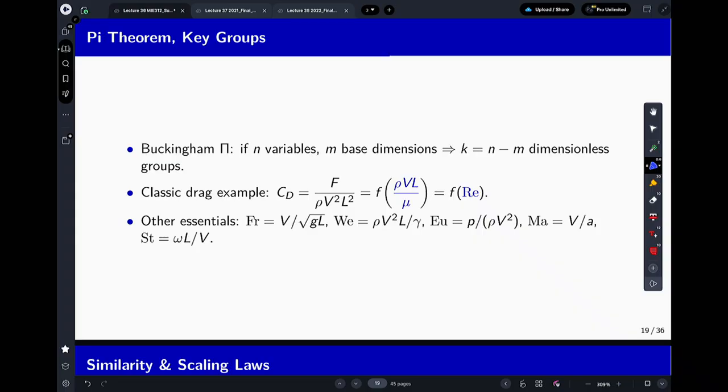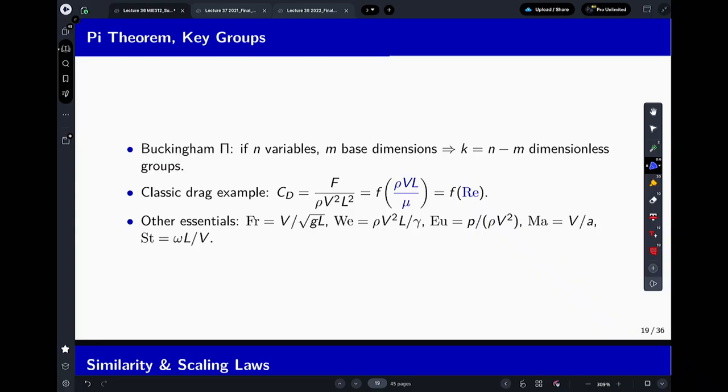You're familiar with Buckingham pi. On the midterm, you proved it. It was a problem that you all did very well on. If n variables, m base dimensions, k equals n minus m dimensionless groups. You have always had a list of potential dimensionless groups that would be helpful, and they should somehow guide you as you think about things.